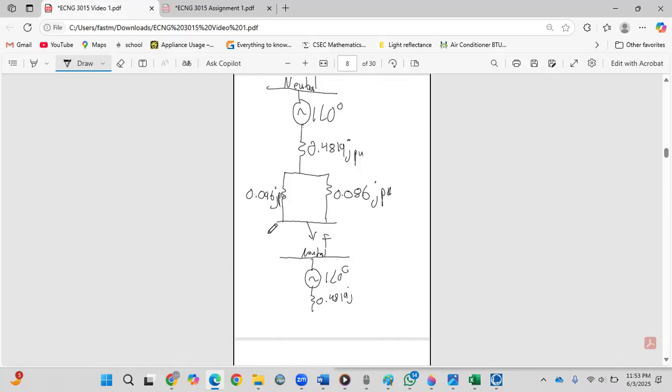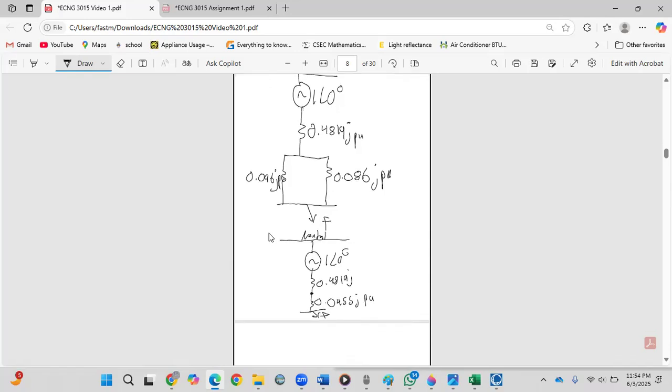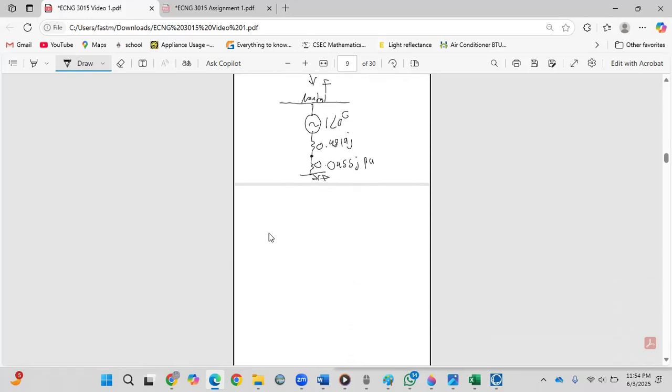So it'll be 0.096 multiplied by 0.086 divided by 0.096 plus 0.086, and you'll end up with the answer being 0.04555 J per unit.